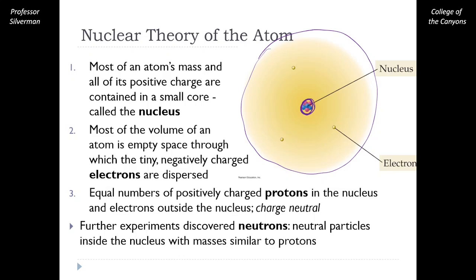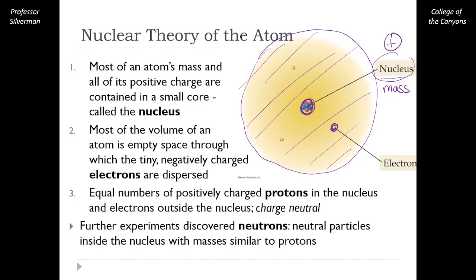Instead, it's this teeny tiny little pellet that exists in the middle, and we're going to call that the nucleus. This nucleus contains all of our positive charges, and it contains all of the mass in our atom. The rest of the atom gets to be almost entirely empty space with our electrons, those little negative pieces, floating around in that empty space.